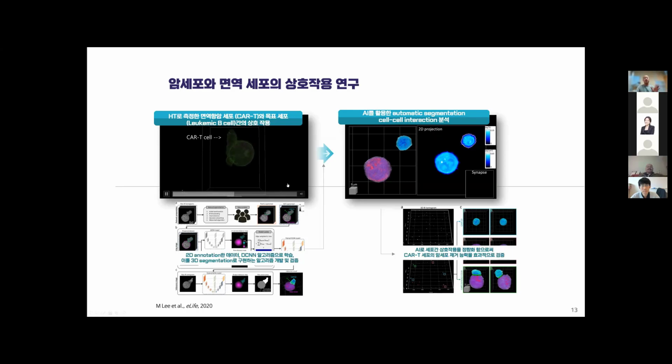On the left-hand side is the raw data, the tomogram measured by the Tomocube machine. Now you can see how they are interacting and how the immune cell is killing and inducing apoptosis in the target cancer cell. This is nice to watch, but for the study, we need to provide quantitative information.